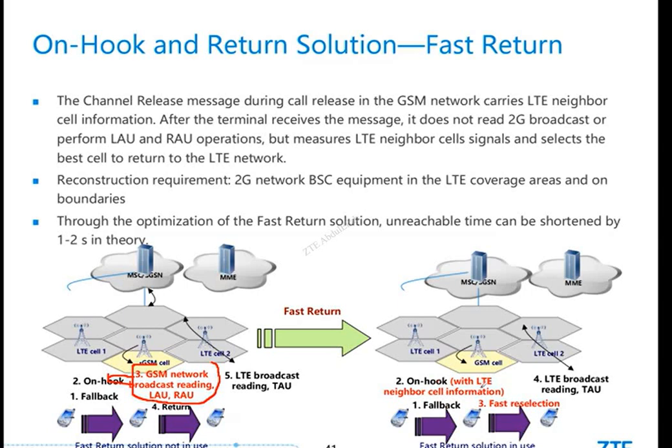The UE just directly reads the LTE neighboring cell information and does the fast reselection. And then the UE can fast return to the LTE network. Because of this technology, it can reduce 1 to 2 seconds in theory.